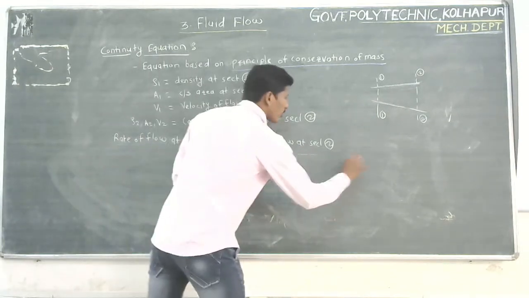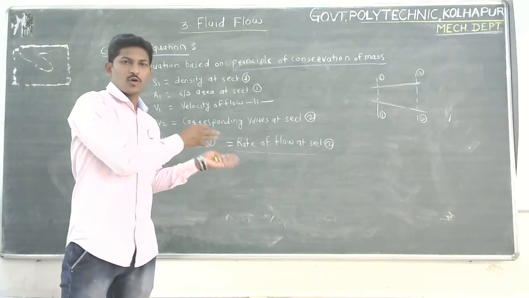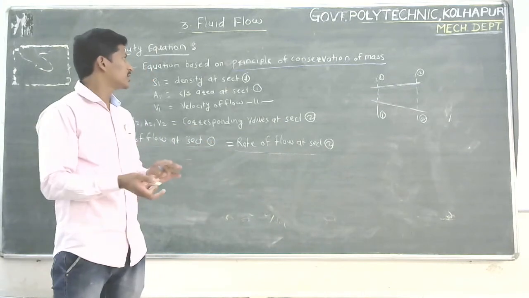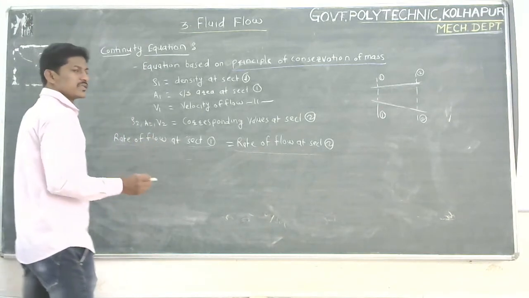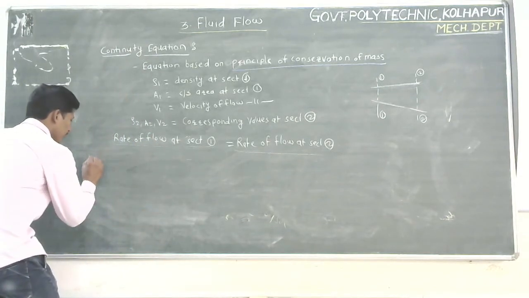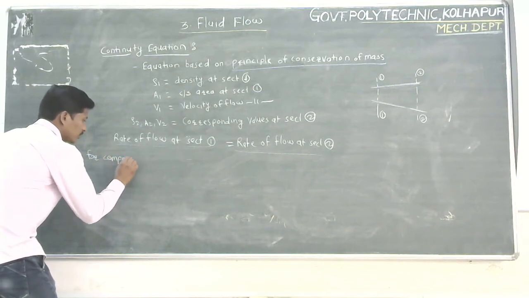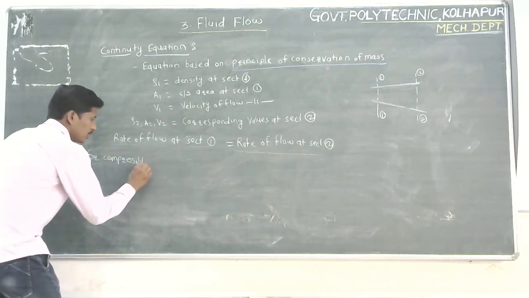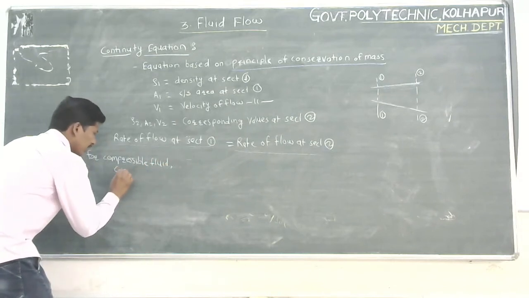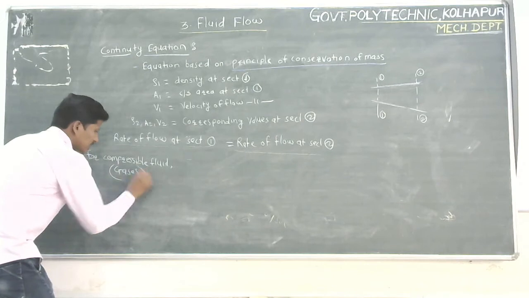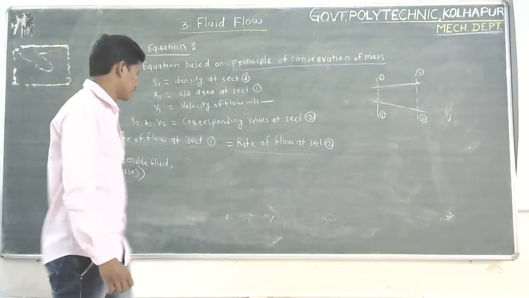Now we have two formulas for the discharge. If it is a compressible fluid, the formula is different, and if it is an incompressible fluid, the formula is different. We will consider compressible fluid first, which is nothing but gases. We are considering gases as compressible fluids and liquids as incompressible fluids, right?